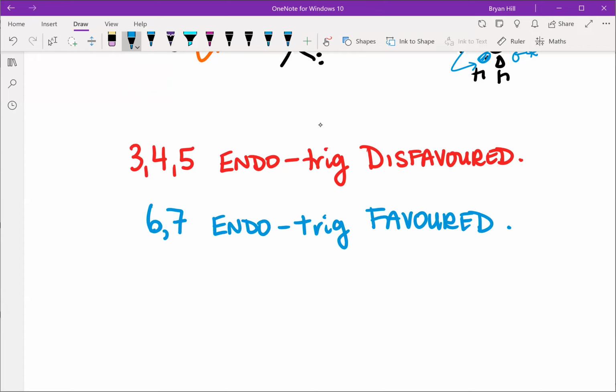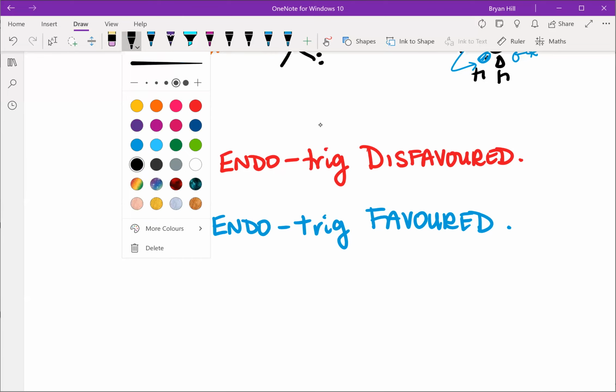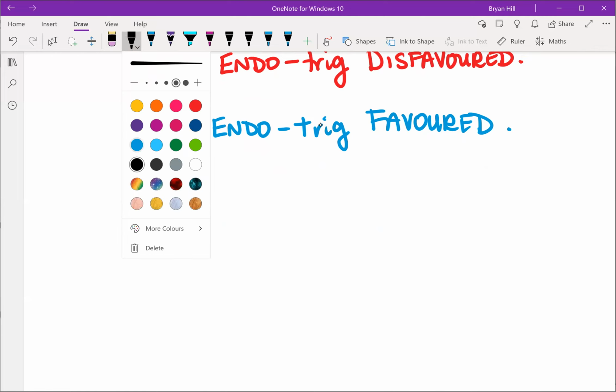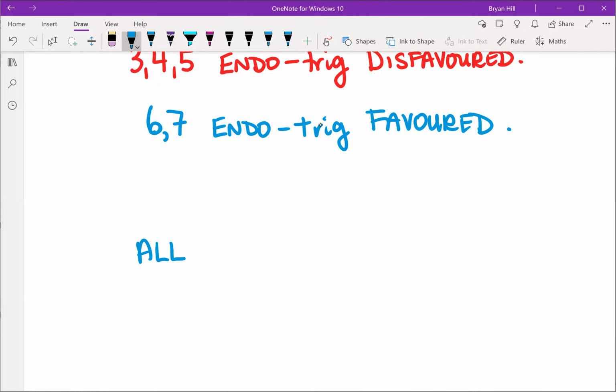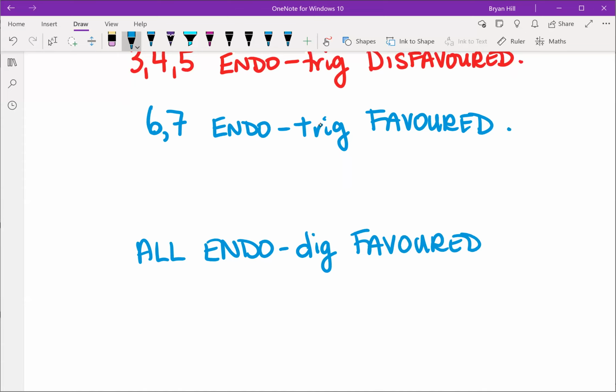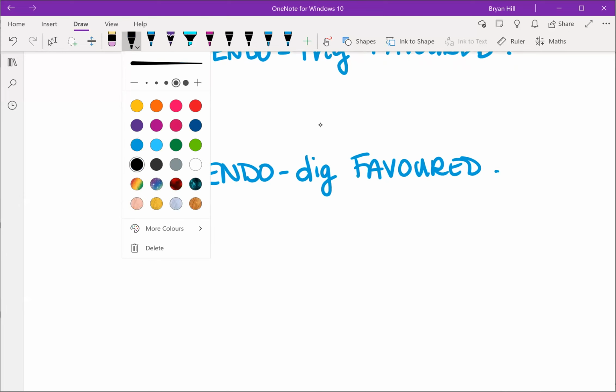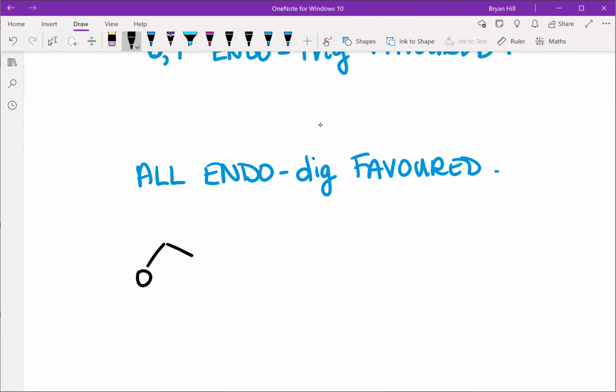Now, what is interesting is that if we move on to the dig reactions, I'll draw this in blue. All endo dig reactions are favored. So when you look at something, you might say to yourself, wait a second, this doesn't make any sense.